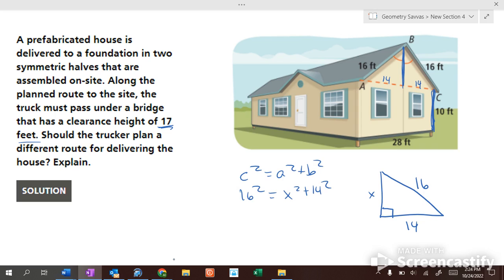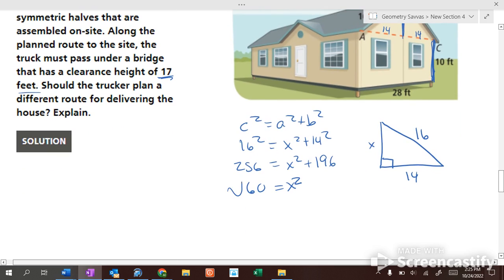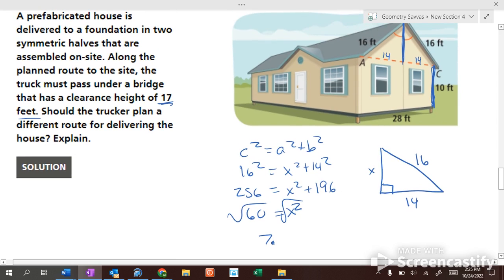16 squared is what? 256? X squared, 14 squared is 196. So if we subtract, we get 60. Am I right? Take the square root. It's 7 point something, right? 7 point what? 7.7.